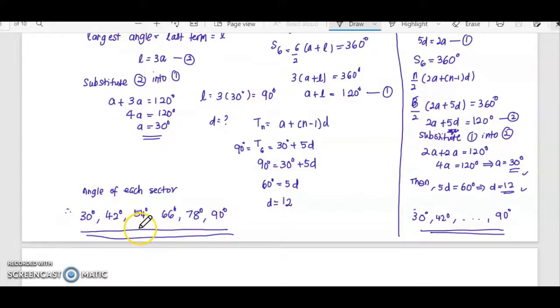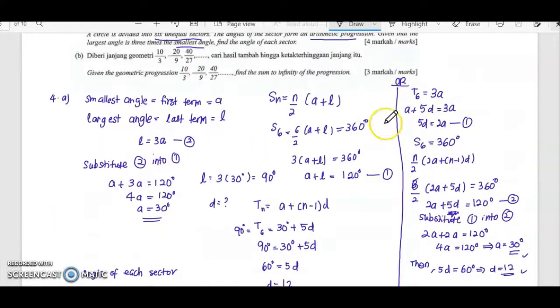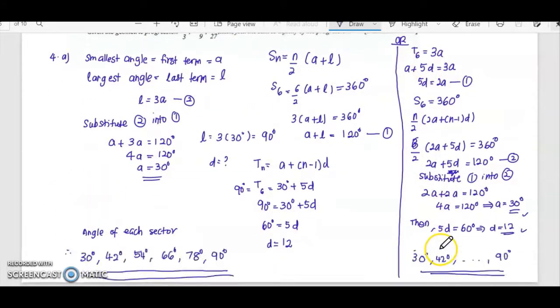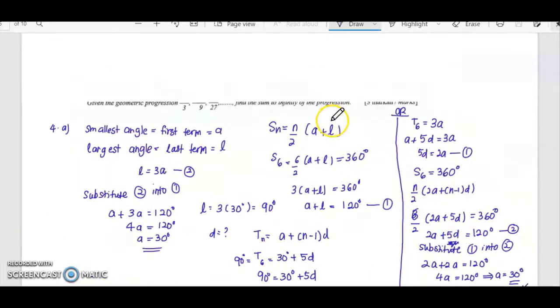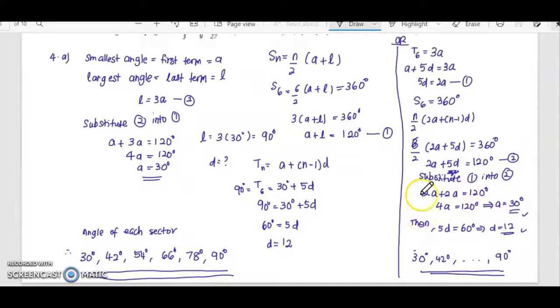Okay, so ini ada method kedua, so you all will refer. Boleh nanti boleh tengok lah, saya akan bagi this part. Okay, method kedua ni dia guna term lah. Dan terus kita assume term yang ke-6 tu ialah 3 kali ganda the first term. Okay, so daripada sini kita equate dapatkan equation pertama.